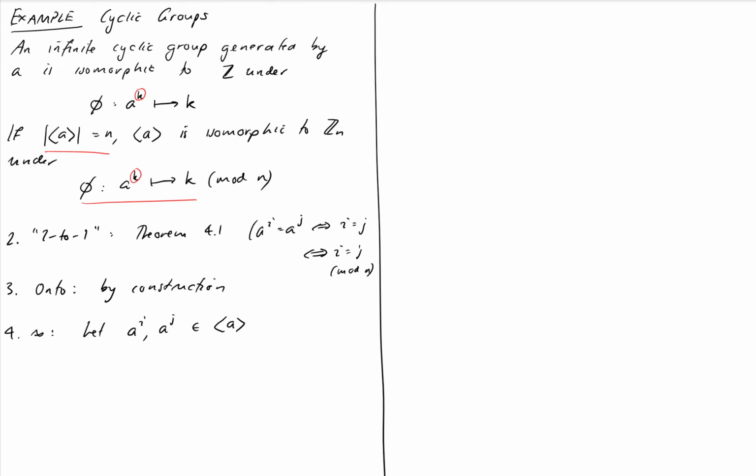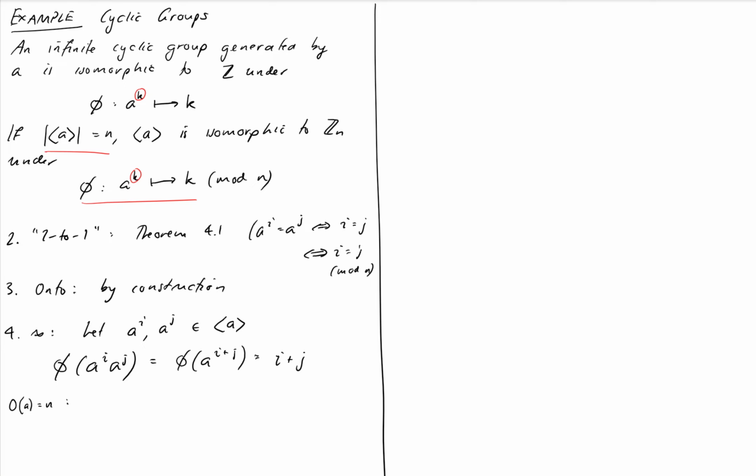Then phi of a to the i, a to the j is equal to phi of a to the i plus j, which equals i plus j.